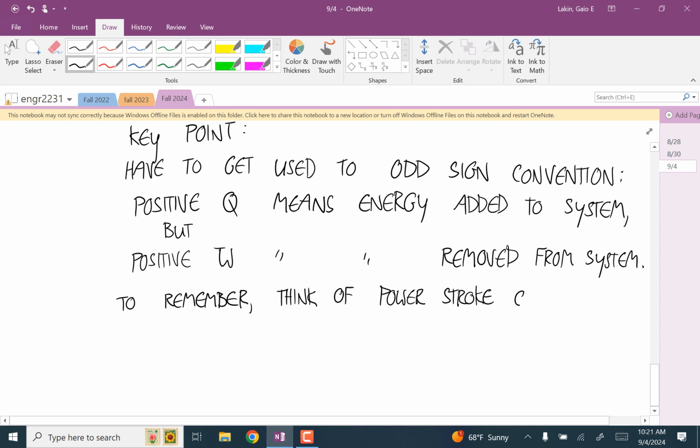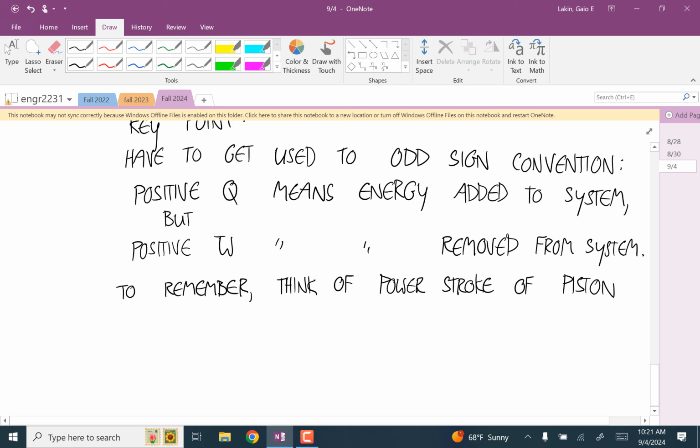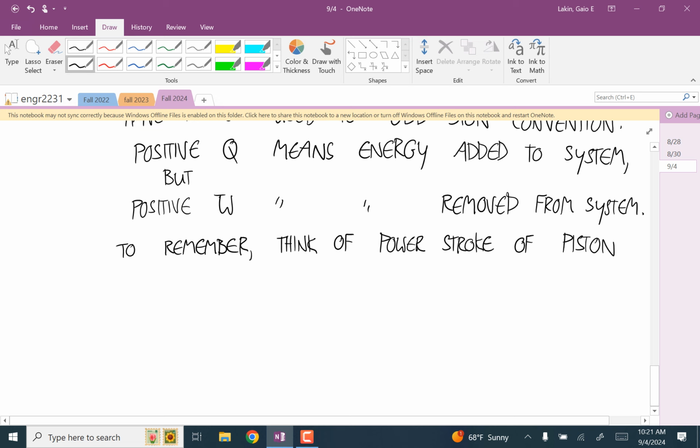So think of a power stroke of a piston. The gas is here. That's the system.